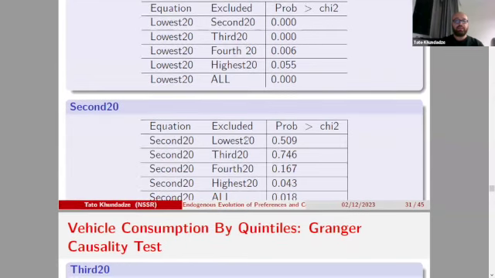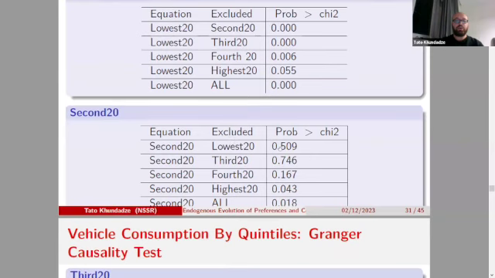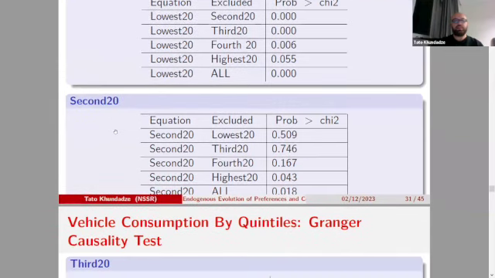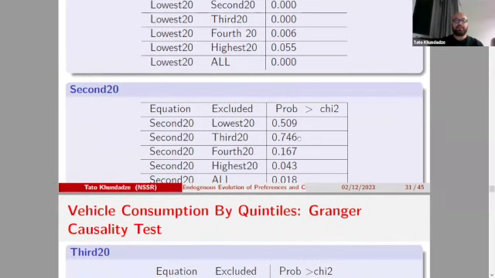And we see here, for instance, that for the second income quantile, the lowest does not Granger cause the consumption expenditure of the second income quantile on vehicles. And here we see also that the highest income quantile Granger causes it.